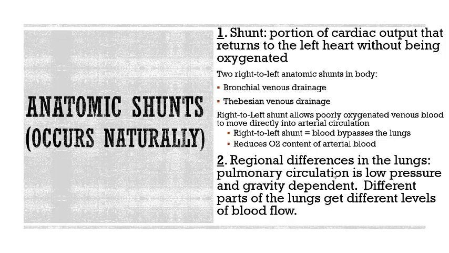Well, whenever you have low pressure, you're going to be more affected by gravity, okay? So if you think about the fact that generally speaking, we're standing upright and we have the apex of our lungs, which is the top of our lungs, right? That's where our conducting zone is. That's where we don't have very much blood flow. And then we have the bases of our lungs, which is where all our alveolar sacs are, right? And that's where most of our blood flow is going to go.